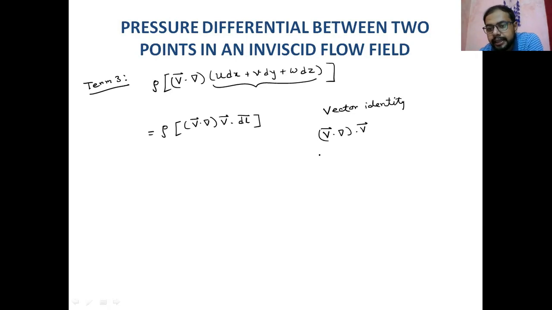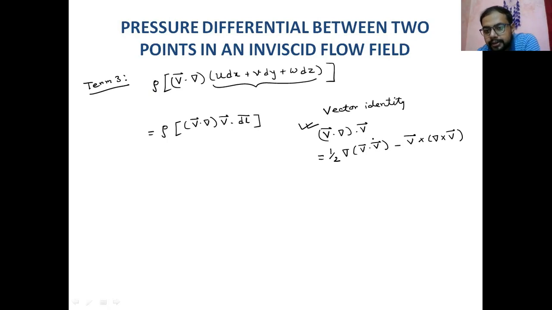This part is equal to half of del v dot v minus v cross del cross v. That is coming from the vector identity. You can prove it by taking the x, y, z coordinates along the velocity components u, v, and w. If you put it in, you can check the right hand side and left hand side by your own. But this is the vector identity. We have to remember this part.